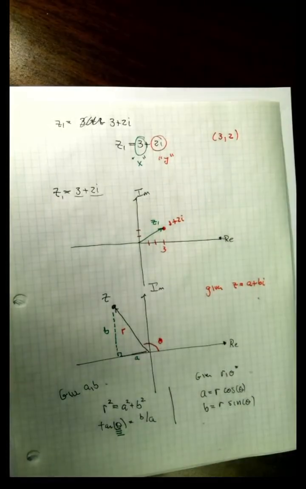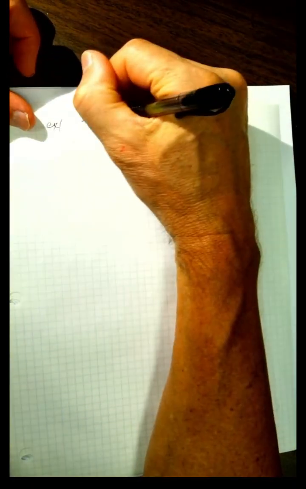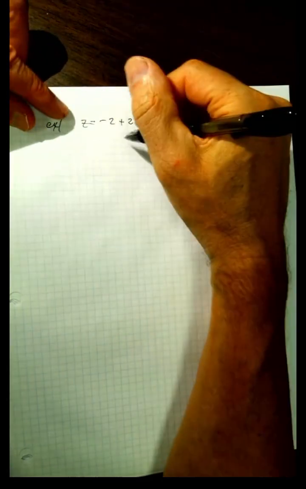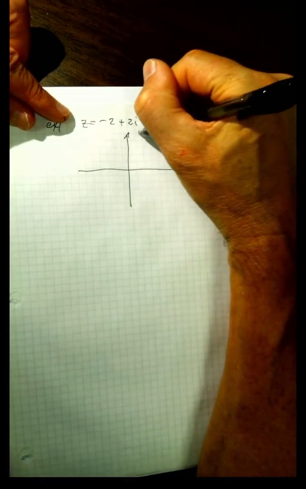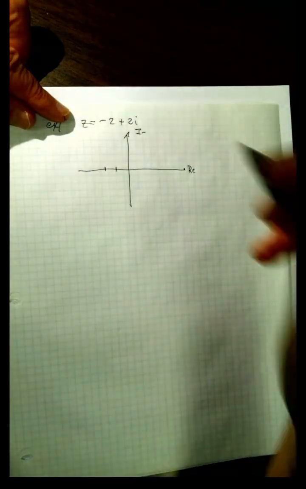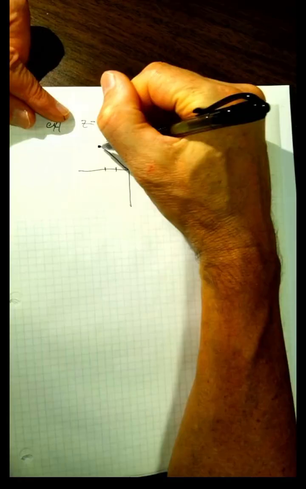Okay, so for example, if I tell you z is minus 2 plus 2i, go minus 2 in the real direction, plus 2 in the imaginary direction.